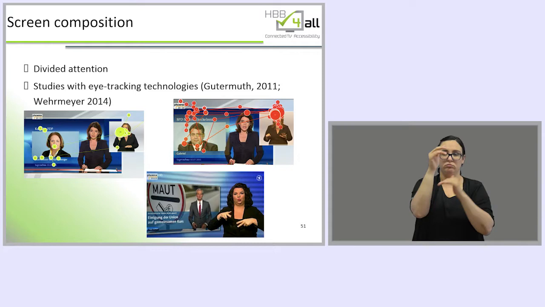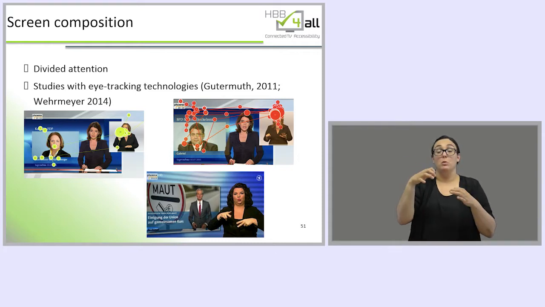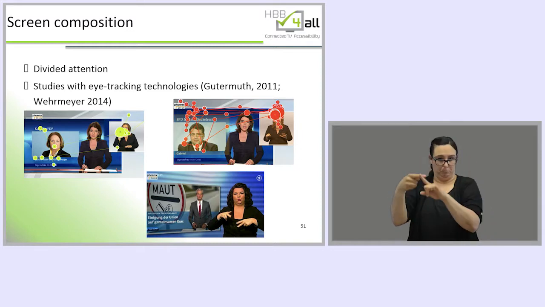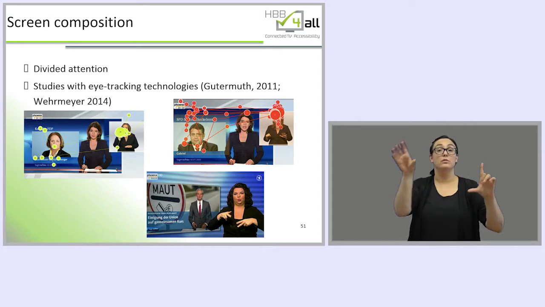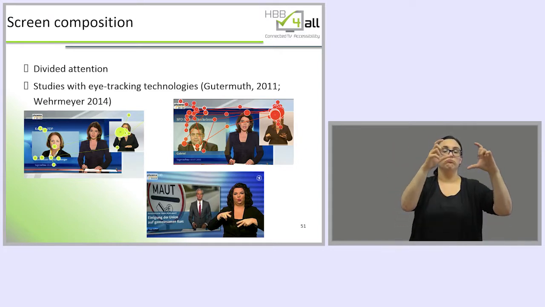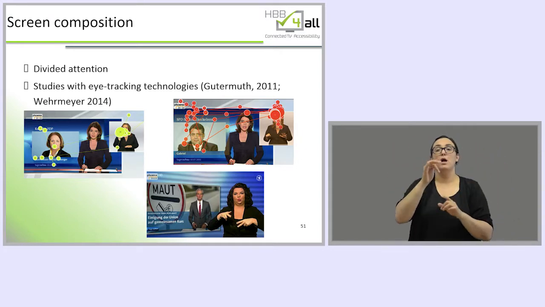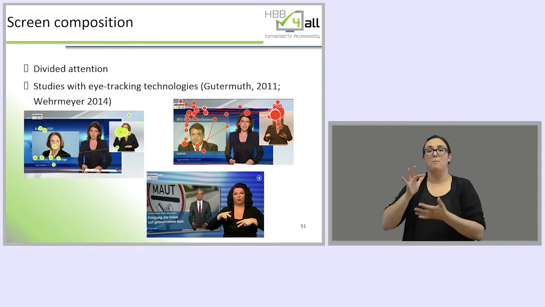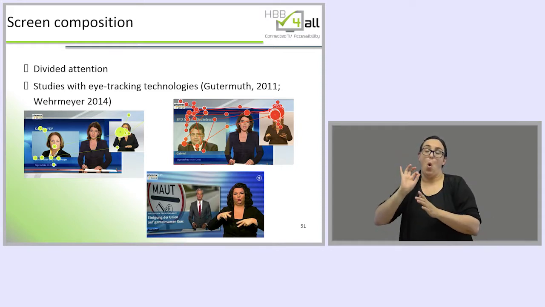So in a typical screen composition for news broadcasting, which is the kind of program that is normally interpreted and made accessible in sign languages by many different broadcasters, what we have is a screen composition with the visual information, the hearing presenter, and the sign language presenter or interpreter.